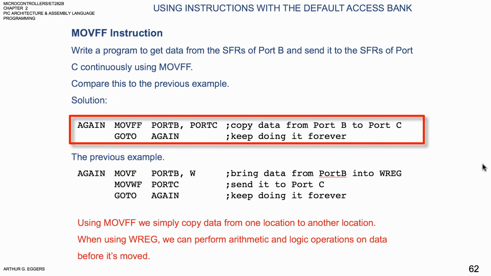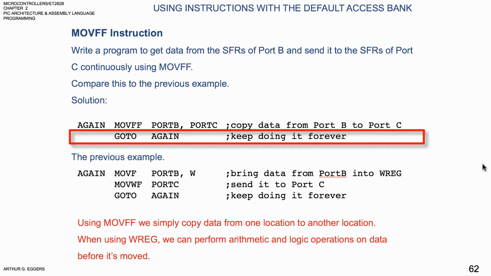So in the first example here, using the MOVFF, again we have a line that is named AGAIN. It has a MOVFF command, and you can see the two arguments there. Port B and port C are telling you that we're going to move data directly from port B to port C without using the intermediary of the working register.